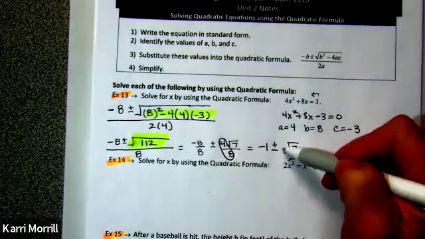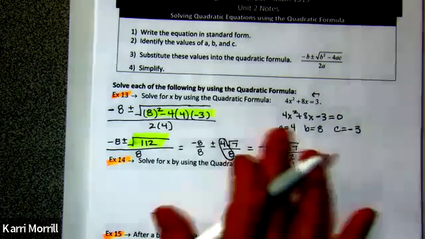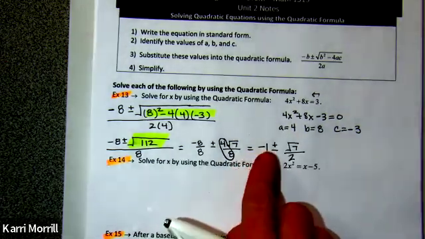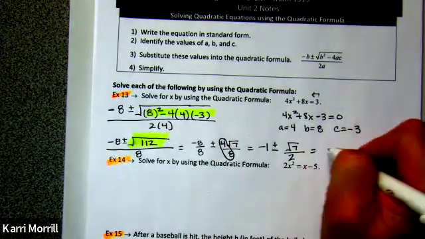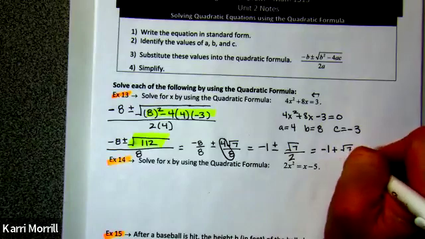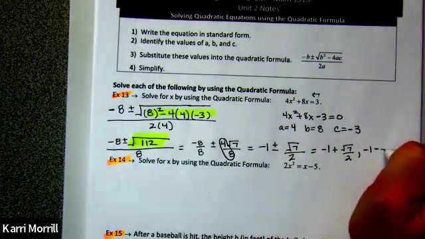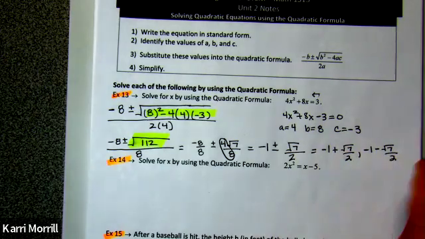But we wouldn't put a 1 there because that would be understood, kind of like if that were the letter A, it would be understood. So in WebAssign, I know it kind of looks like it's one thing, but WebAssign does not have a plus or minus tool. So you would type in negative 1 plus the square root of 7 over 2, comma, negative 1 minus the square root of 7 over 2. And the only thing that's over 2 is that radical.